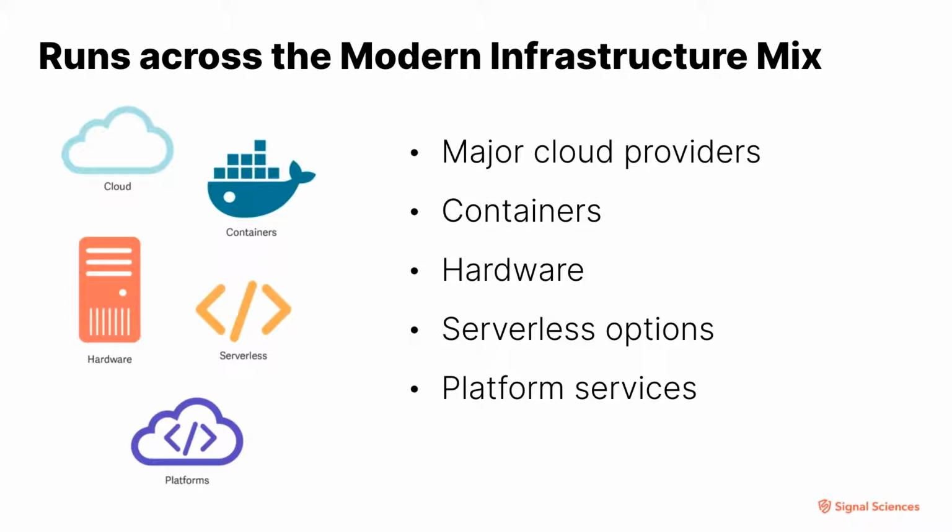So things like major cloud providers like AWS or Azure or GCP, or containerized platforms like Kubernetes, Docker, or hardware platforms like load balancers or web servers, serverless options like API gateways, and various platform services like Heroku or IBM Cloud.